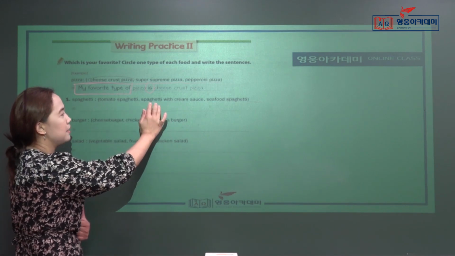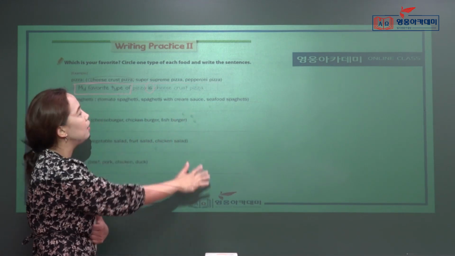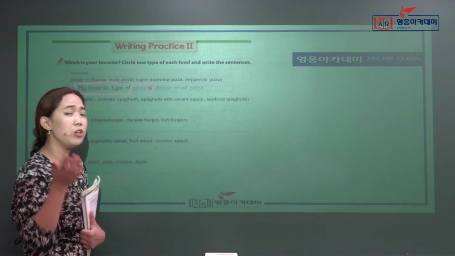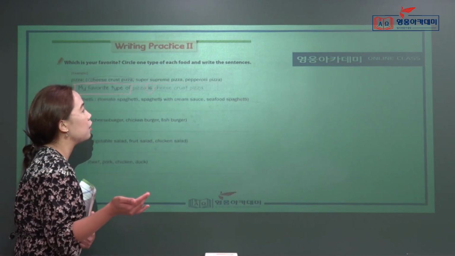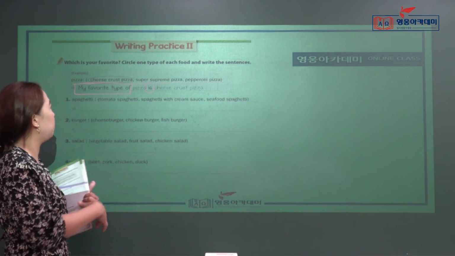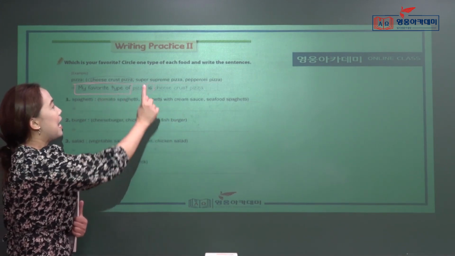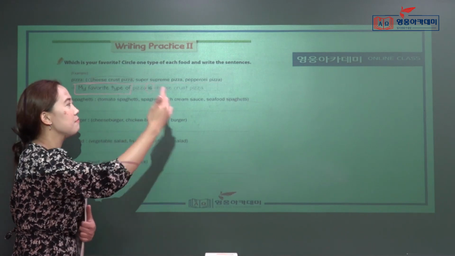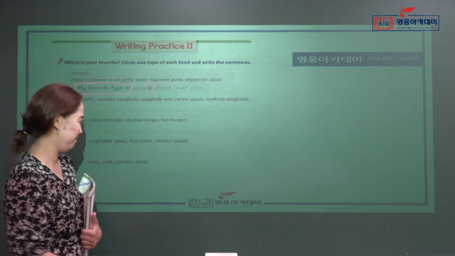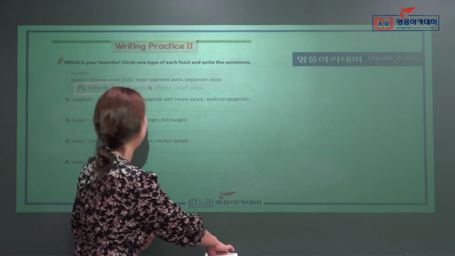We have spaghetti with cream sauce. We have seafood spaghetti. Which one is your favorite? So if you like seafood spaghetti, then you write here, my favorite type of spaghetti is seafood spaghetti. Okay? Write your answers now.